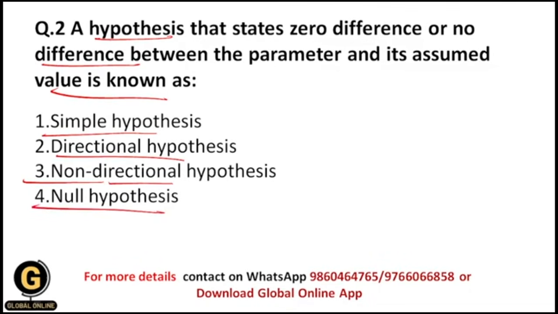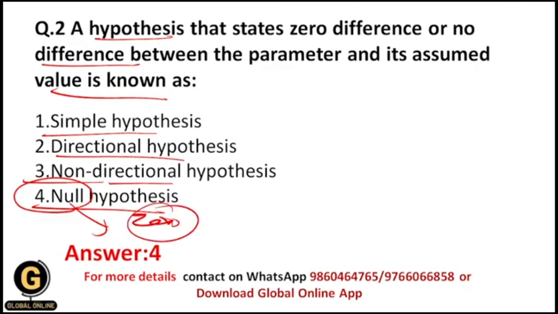Okay, so as I have told you earlier in this video only, such kind of hypothesis is called the null hypothesis. So you can familiarize the word null. The meaning of null itself is zero. So it means that there is zero difference or zero relationship between the parameter and its assumed value.